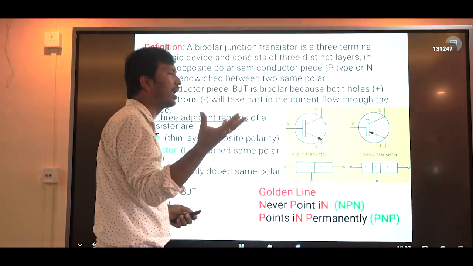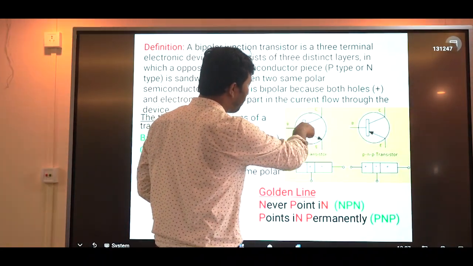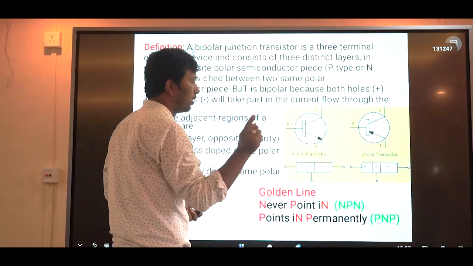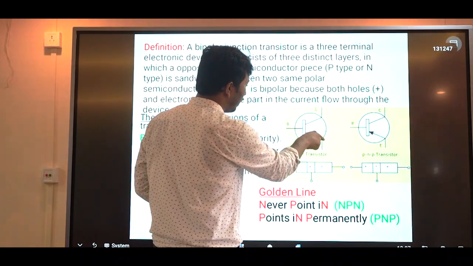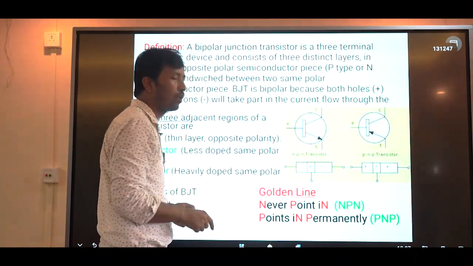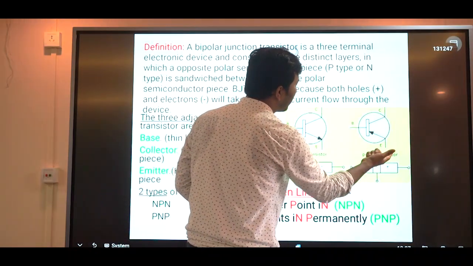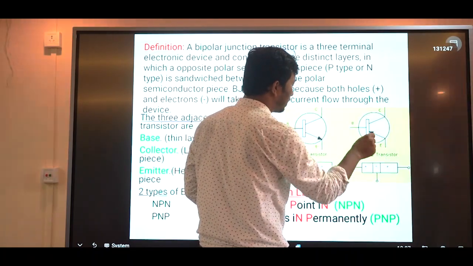We know that current always moves from positive terminal to negative terminal. In case of an NPN transistor, the mid terminal will be P, right? So current will move from this side to this side, so the arrow mark will be directed towards outside. And in case of a PNP transistor, the mid portion is N type semiconductor.